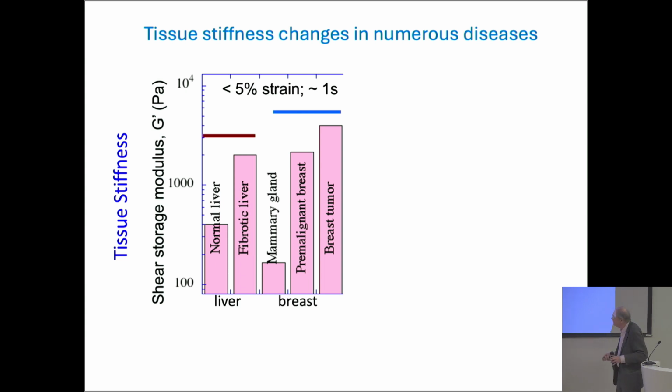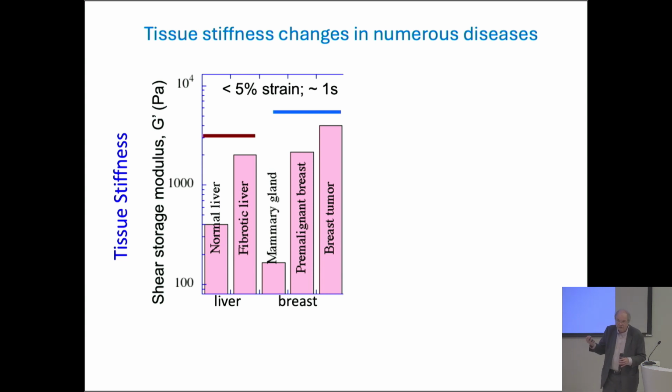This is most dramatically studied in breast cancer and colorectal cancer, but now in a mouse model, as a mouse mammary gland becomes diseased and will become a breast tumor, the elastic modulus changes by a lot, by orders of magnitude.